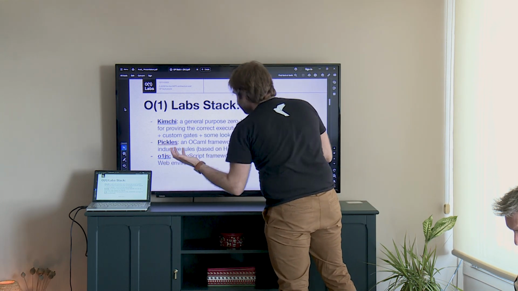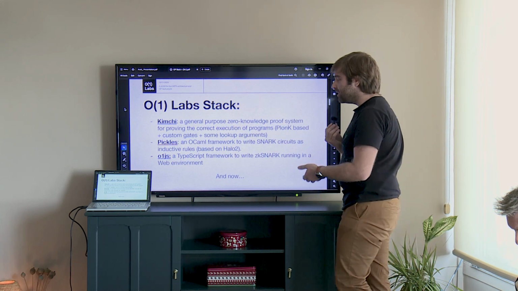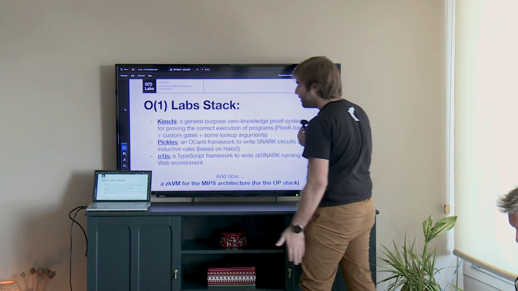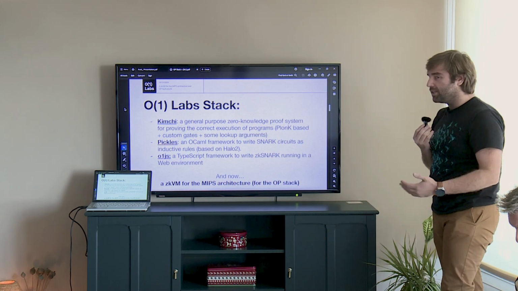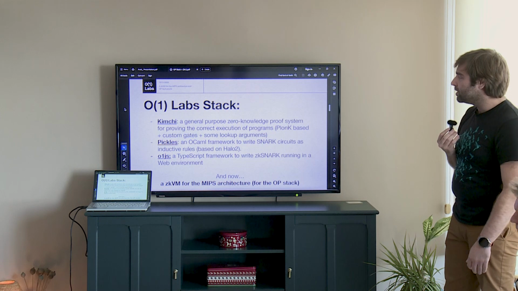And now what we are just adding is a zkVM for the MIPS architecture, and in particular for Optimism, for the OP stack.